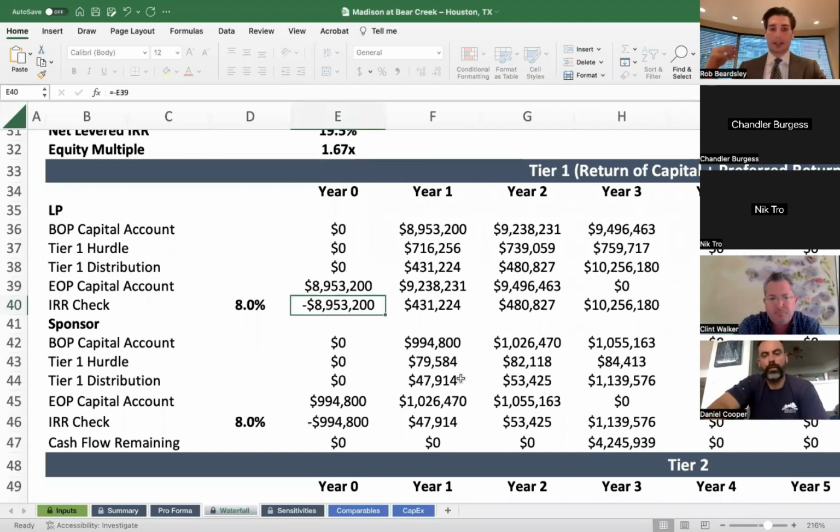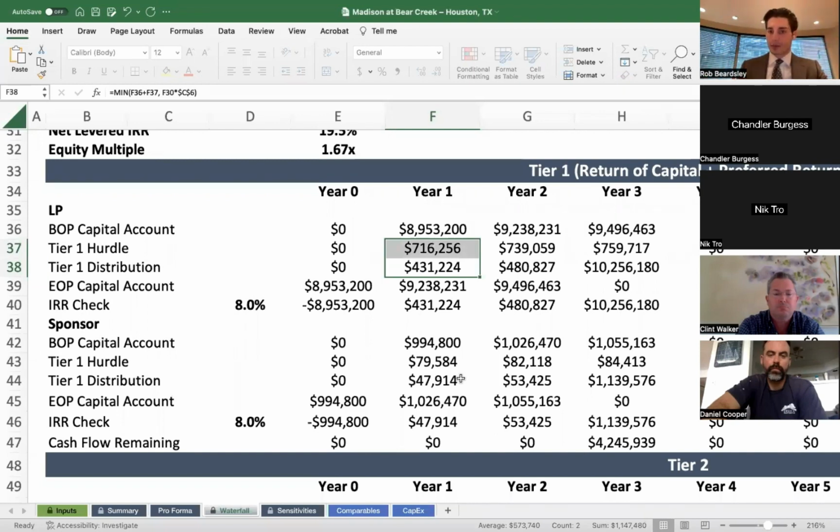We invested initially $9 million of equity here, for example, and now investors have a capital account collectively of $9 million. So they earn an 8% preferred return on $9 million, which is roughly this number here. This is what they're owed, which is 8% for that 1-year period. However, we're only able to distribute about 5%, which is $430,000. So we have a shortfall here.